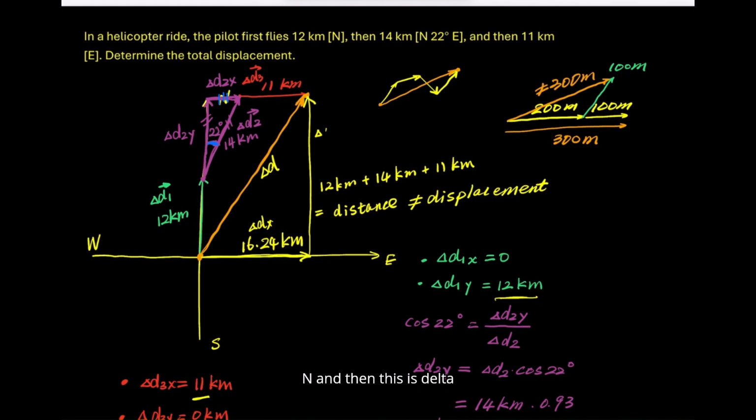And this is delta dy, which is 25 kilometers. Now we have this red-angled triangle. We can use the Pythagorean theorem to find the magnitude or the length of this final displacement.